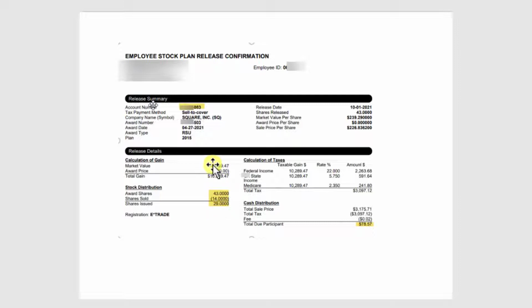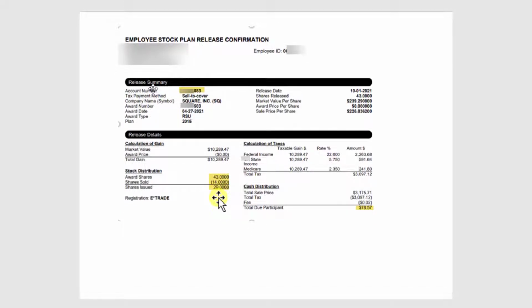Now, here is the market value of those shares. This is the income. And then, of course, over here we have the taxes: federal income, state tax, and Medicare tax. So each of these different amounts. Then, if you notice down here, there is a rounding error of $78.57 because these were done in whole amounts.